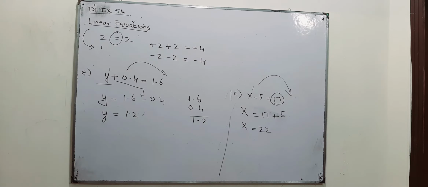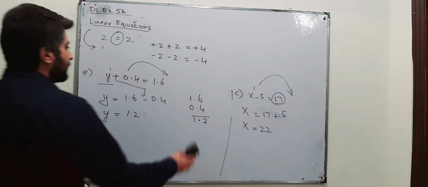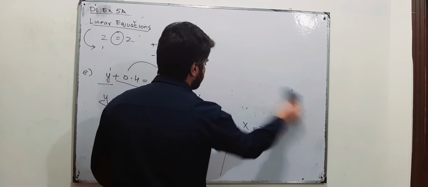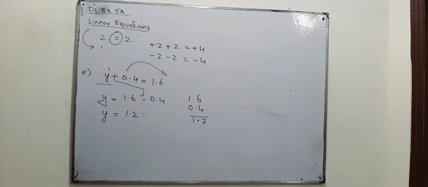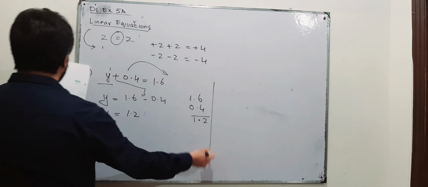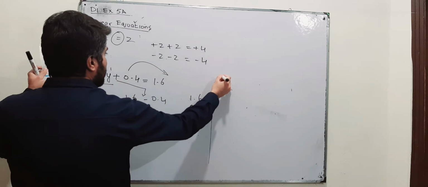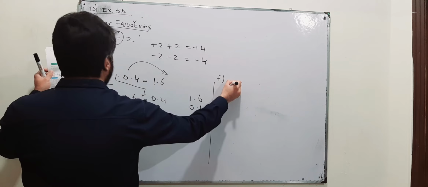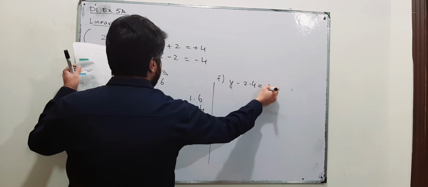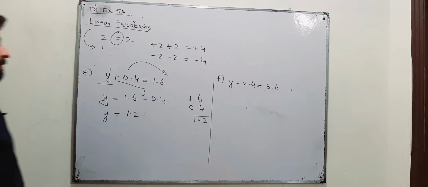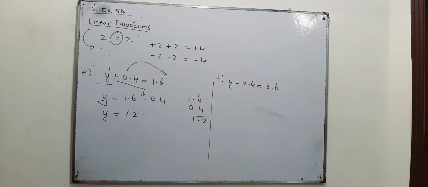The next is question number 1 part F and G. So, let me write it down over here. This says part number F is y minus 2.4 equal 3.6. You have to find the value of y.